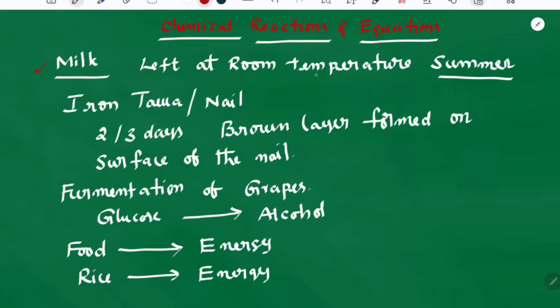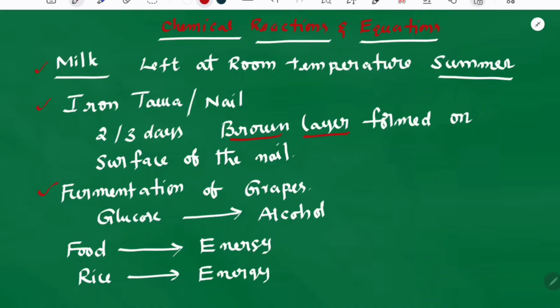So milk left at room temperature in summertime, what happens? The milk will spoil. At the same time, an iron nail kept outside is exposed to humid atmosphere, and a rust will form. The brown color layer will form. That is called rust. At the same time, fermentation of grapes. Not only grapes, you can take any fruit.